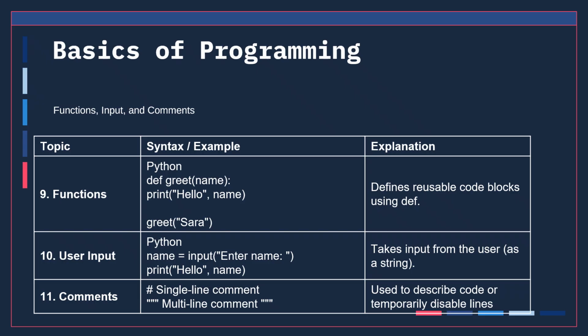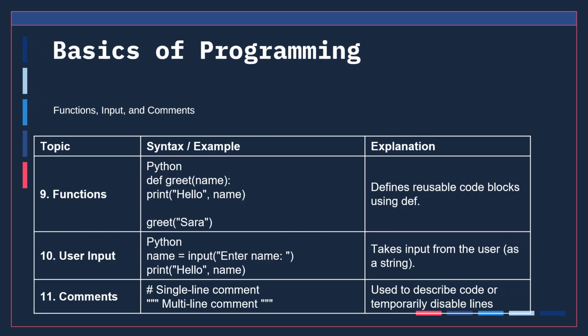This is reusable code, and user input is where you're getting the values from the user. For that purpose, you just use one keyword, input. That's it, input, and in brackets what input you want to get from the user. So you're telling the user, enter your name, so the user will enter their name, and that name comes here. That's it.